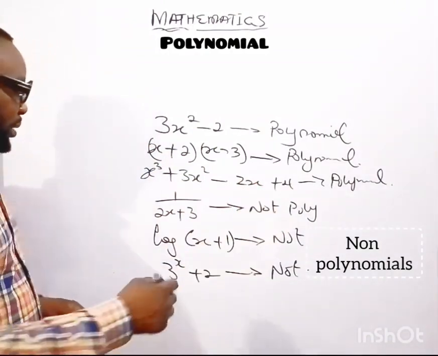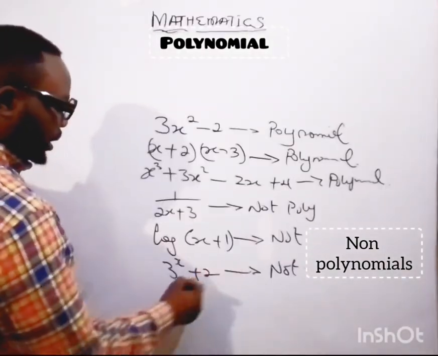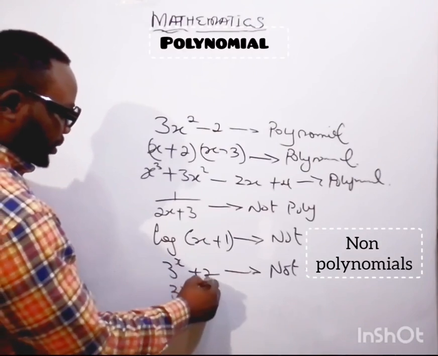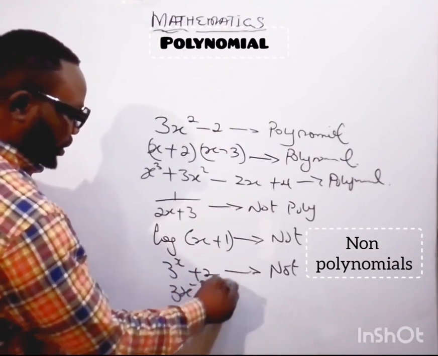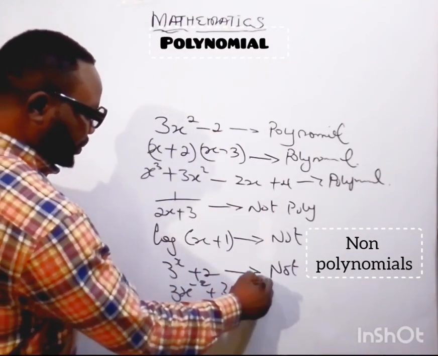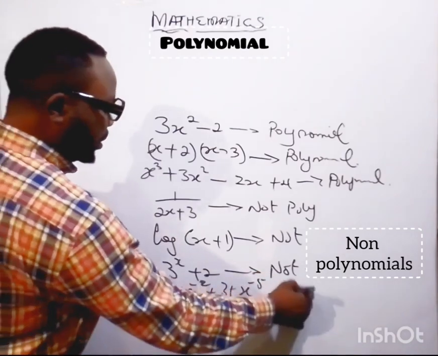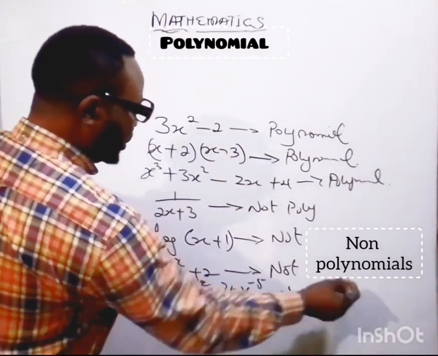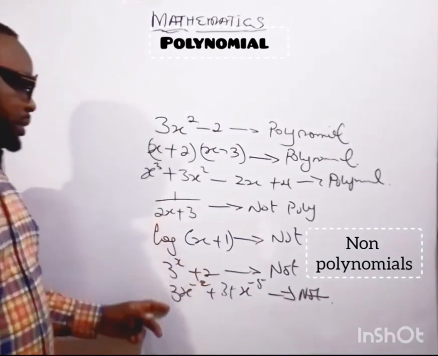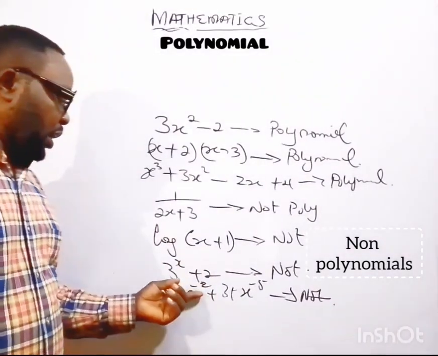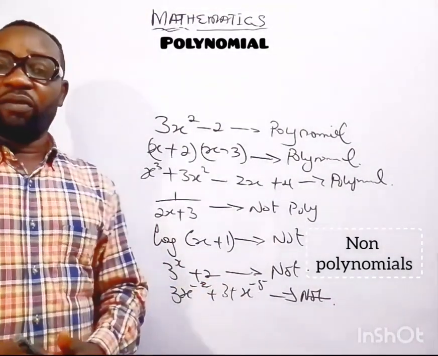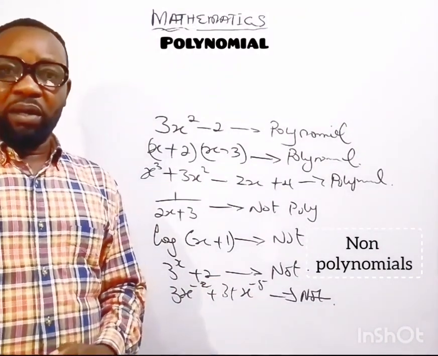If you have a term like 3x raised to minus 2 plus 3 plus x raised to minus 5, it is also not a polynomial, because those terms do not have positive powers.